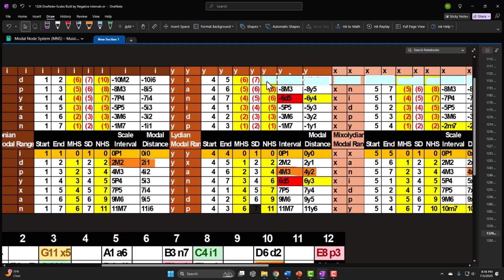And then we've got the negative 10 note half steps backwards, which would give us the same negative 10 major second. Going forward, it would be 12 minus 10, which would be a 2 note away major second. I'd rather call it a negative 10 note away Lydian, negative 6 modal half step. Why?